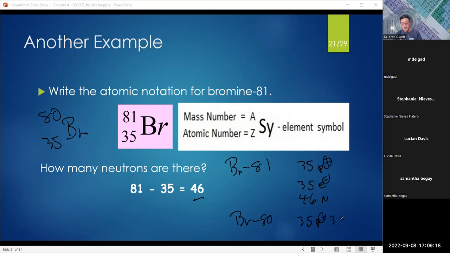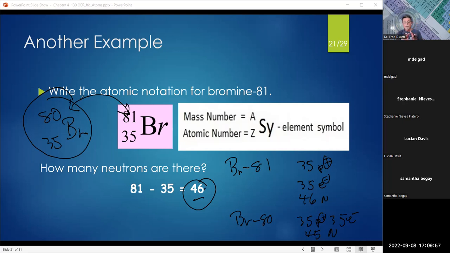35 electrons, but how many neutrons would it have? Anybody know? How many neutrons would bromine 80 have? What's 80 minus 35? Well, if bromine 81 had 46, exactly, it'd be 45 over here, because the difference between these two is simply one neutron.